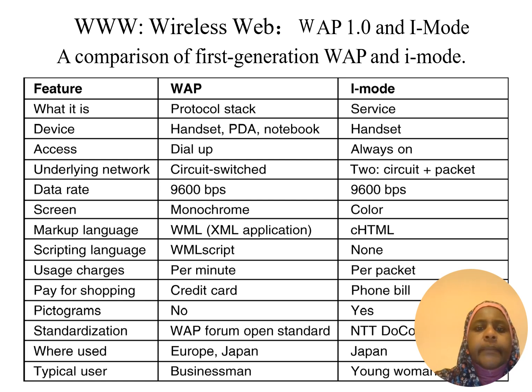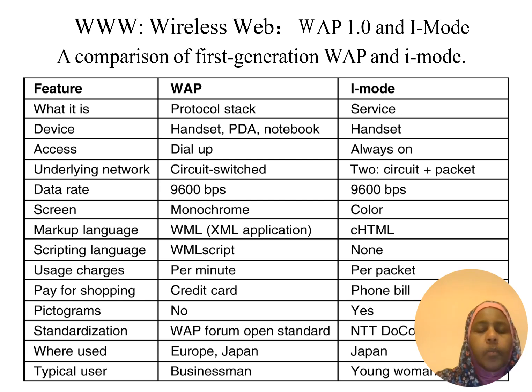They both have the same data rate. WAP provides a monochrome screen, while i-mode provides a color screen. WAP uses WML markup language, while i-mode uses CHTML markup language, and so on. As you see, these differences represent the history of mobile devices.